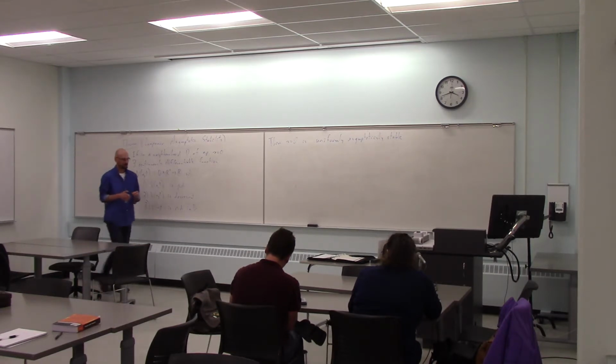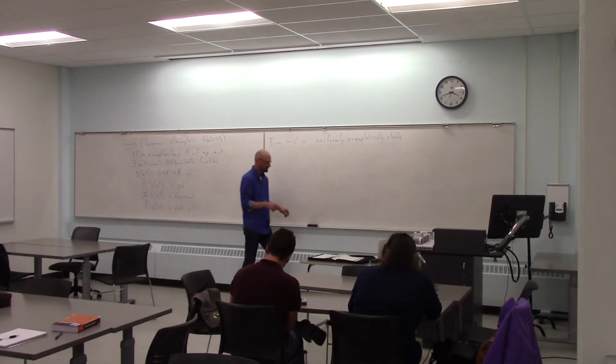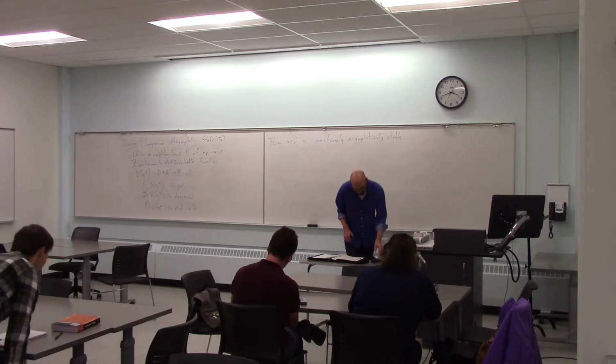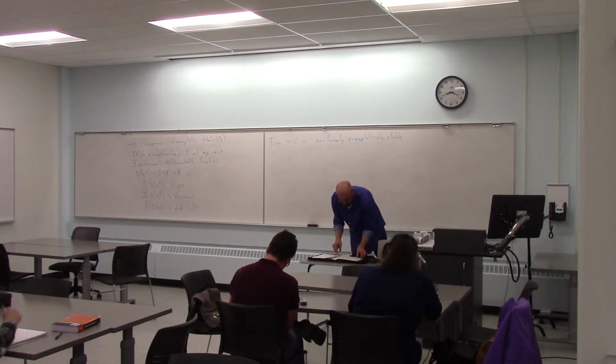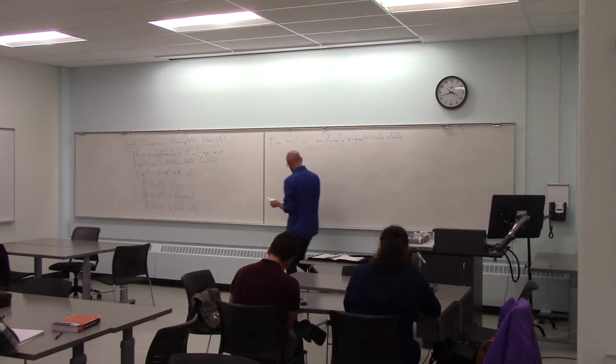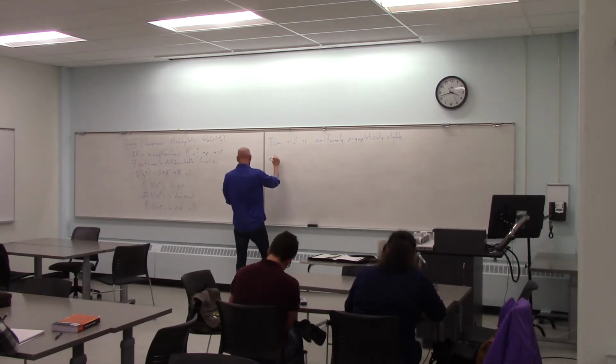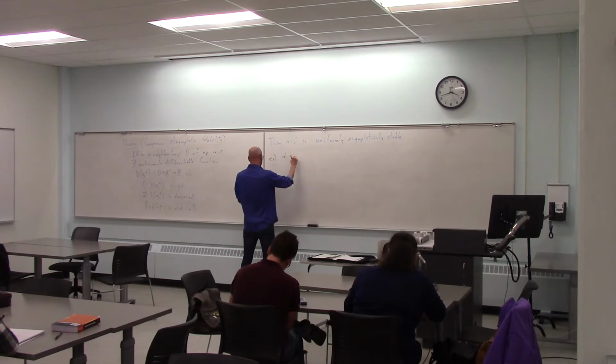Okay. So let's look at an example. x1 dot equals x2, x2 dot equals negative x1 minus x2.